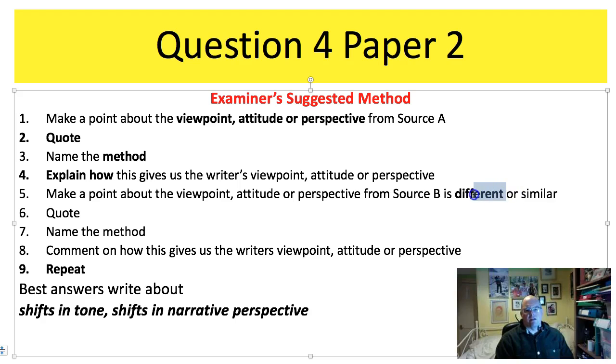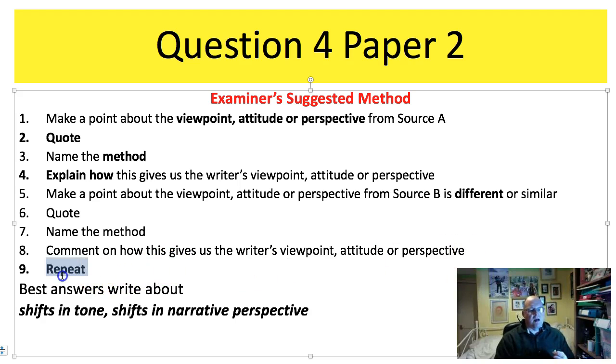And I've highlighted the word different because it's almost inevitable that you'll be asked to spot differences rather than similarities. Then once again, you quote to back that up. And again, you must name the method or you won't get the mark. And then you comment again on how this gives us the writer's viewpoint, attitude, or perspective. Oh, I must have copied and pasted that. Forgotten the apostrophe again. Just modeling for you why you need time to check your answers, by the way.